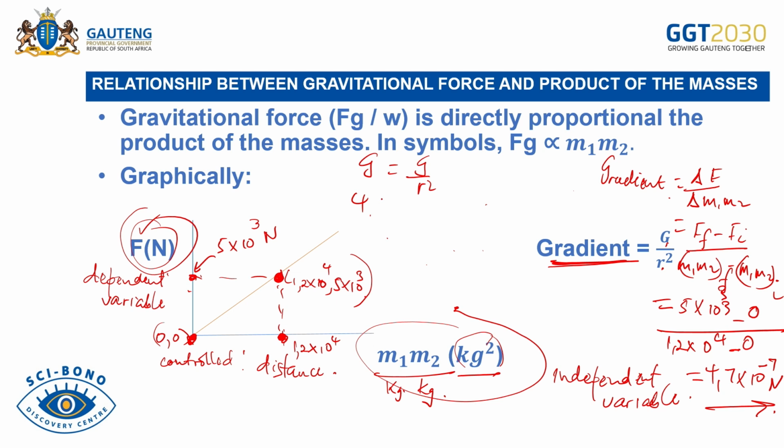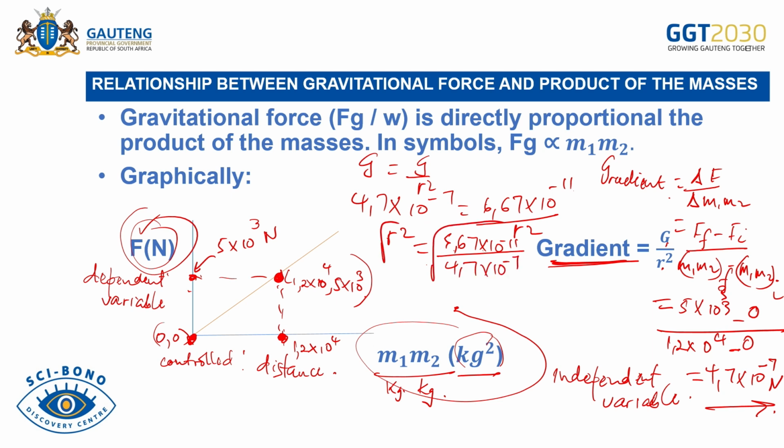It's 4.17 times 10 to the power negative 7. What is our G? 6.67 times 10 to the power negative 11, over R squared. Then your R squared will be 6.67 times 10 to the power negative 11 over 4.17 times 10 to the power negative 7. Then you need to find the square root of that. Then you'll be able to get the distance between the centers. So I'm having 6.67.